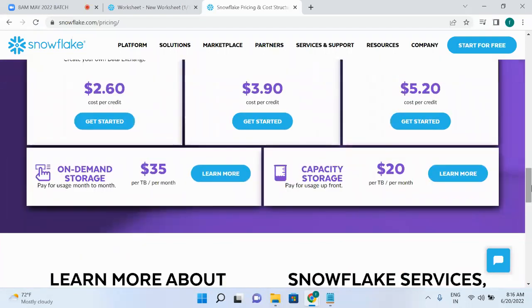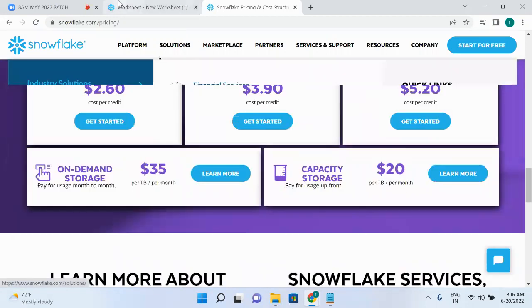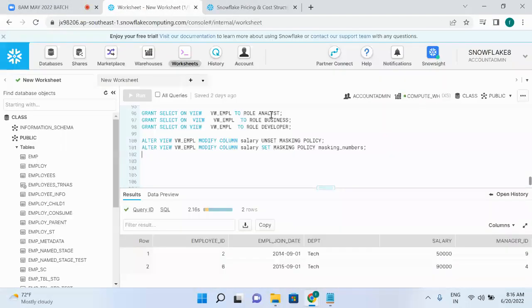And capacity is for the credit limits. How credits are calculated: at the end of the day, it will accumulate how much time we are utilizing the virtual warehouse.